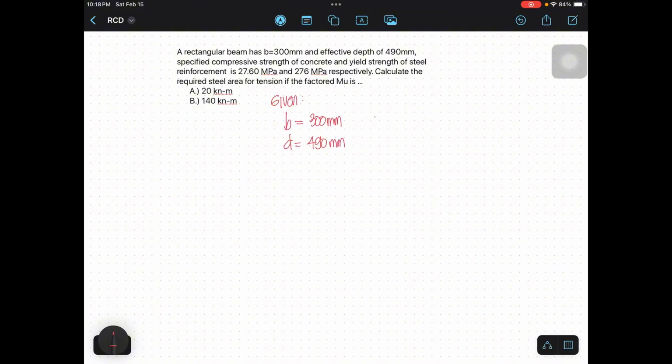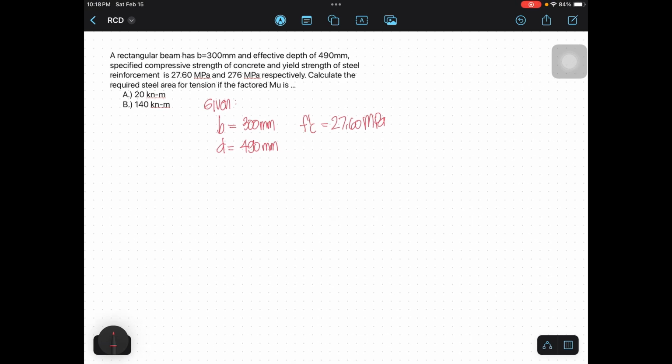And then yung f'c natin ay 27.60 megapascal. Okay, so if yung f'c natin is less than 27.60, therefore yung beta 1 factor natin is automatically 0.85. Okay. Next, yung yield strength of steel reinforcement ay 276 megapascal.